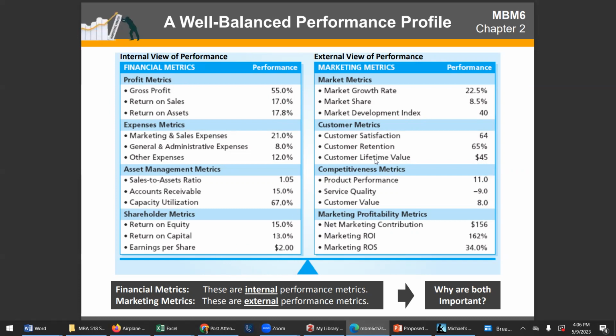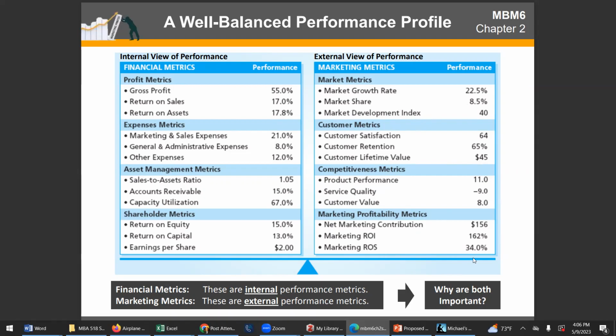So you can see some of these metrics would be market share, customer satisfaction, retention, quality, service and performance, product quality, marketing return on investment, marketing return on sales. Okay.